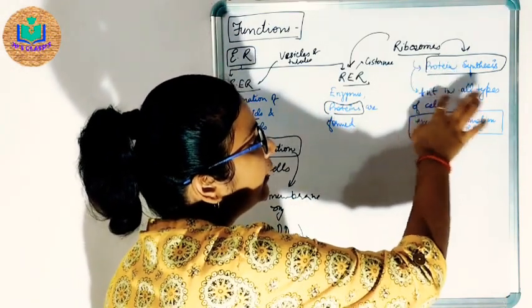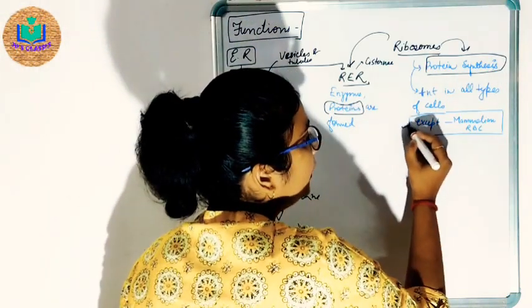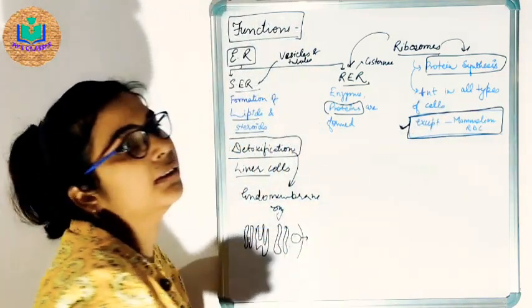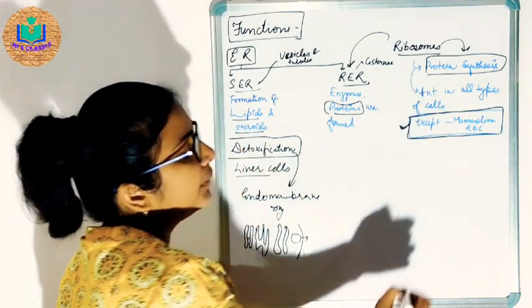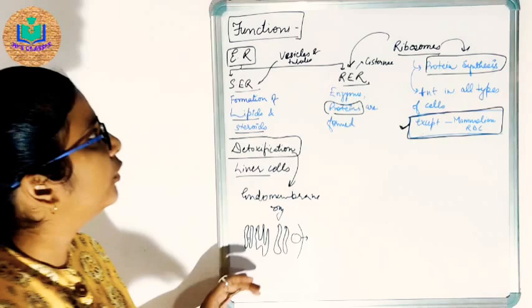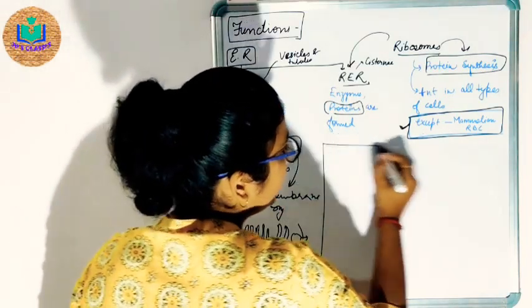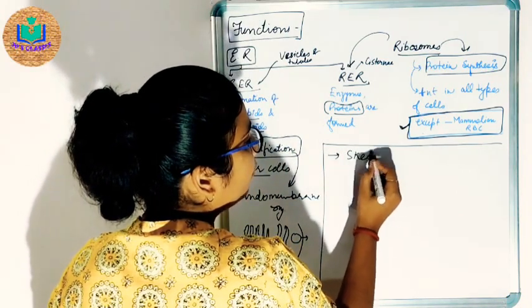Thus, the ribosome is present in all types of cells except one. Please note this point: ribosomes are not present in the mammalian RBC. This is the function of the endoplasmic reticulum, and a common function is that it forms the skeletal framework.